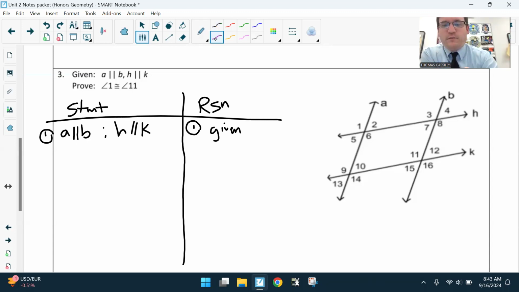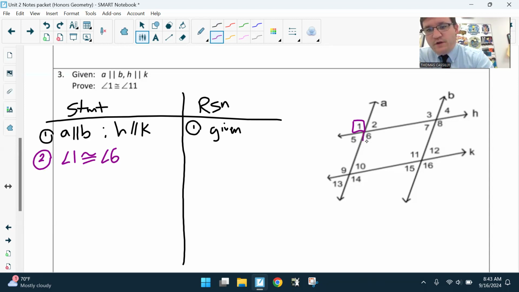We need to go from angle 1 to angle 11. So you should always start with one of those two angles. So step 2, angle 1. I'm going to say angle 1 is congruent to angle 6. Why do we know that? Well, these are vertical angles.